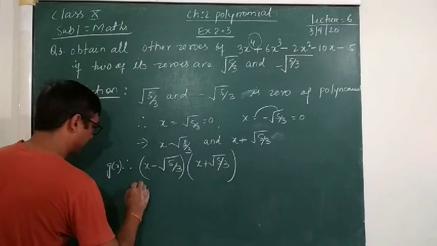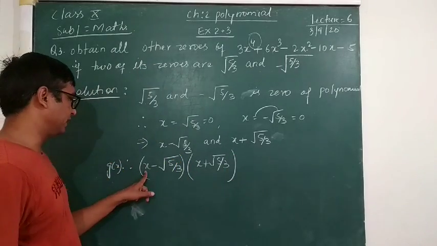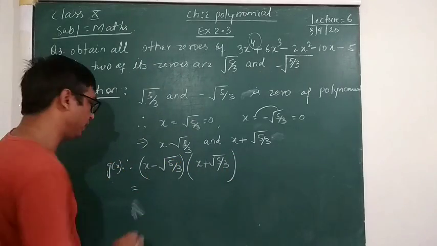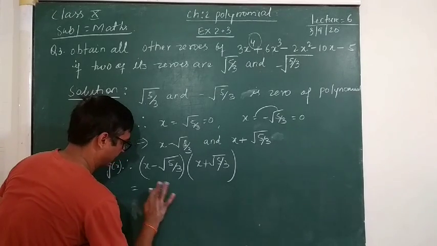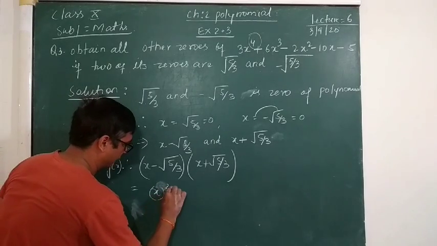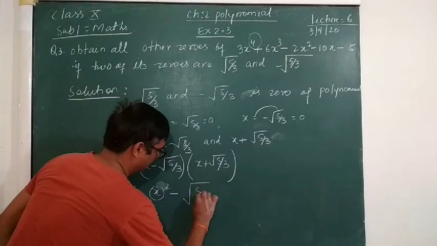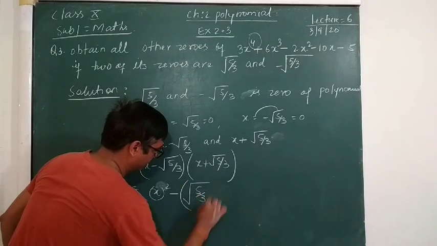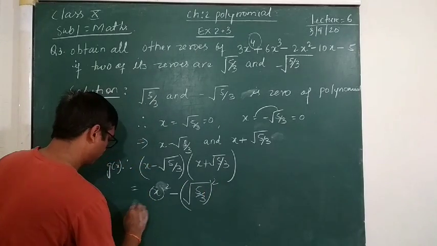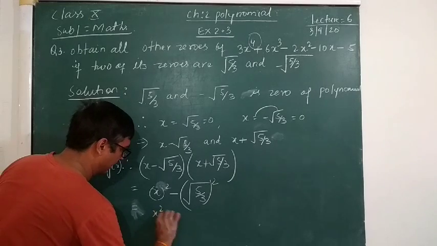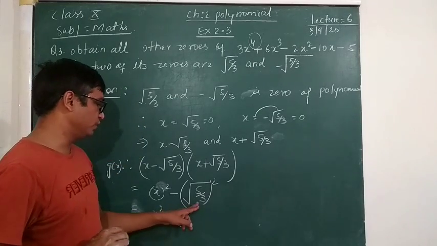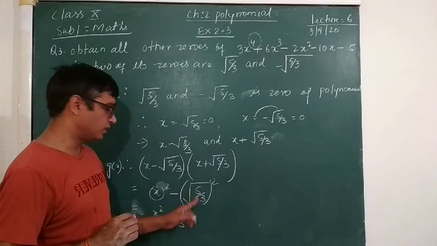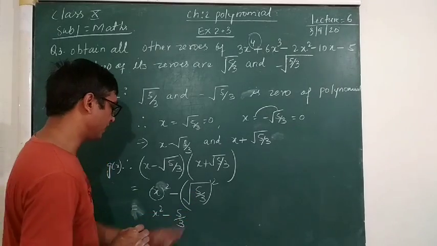Now you know that it is based on (a + b)(a - b), so it will be x square minus root(5/3) whole square. So you will get x square minus 5/3, because if you do the square of a root number, the roots are removed.